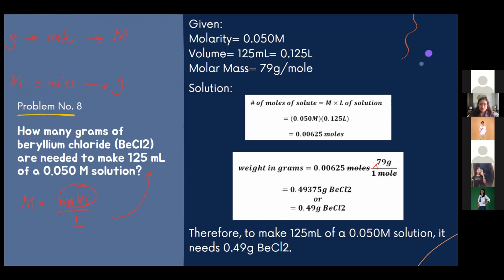This is 0.125 liters. So, imumultiply mo yan siya dyan, class. 0.05 moles per liter equals moles over 0.125 liters. Cross-multiply mo, makakancel si liters, mahahanap mo si moles. Actually, ito yung derived formula niya. Number of moles will be equal to molarity times liter of solution.